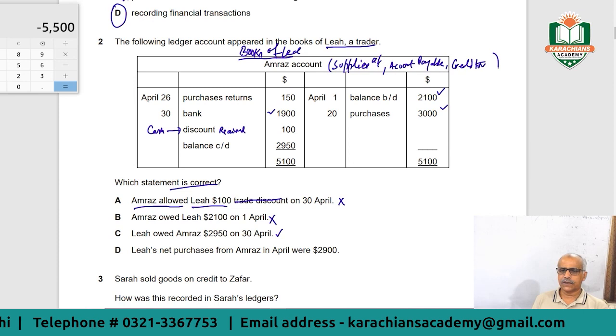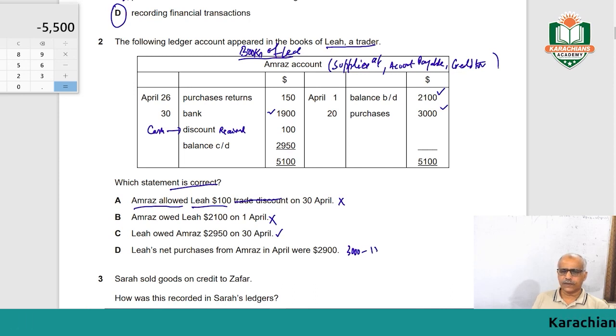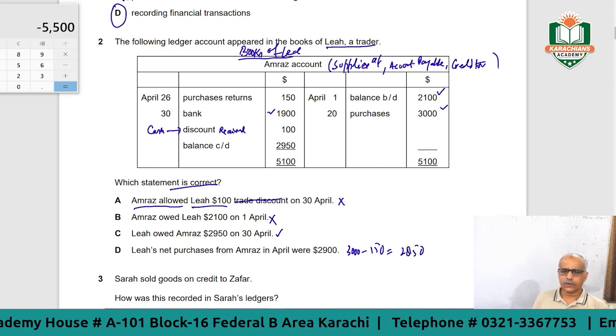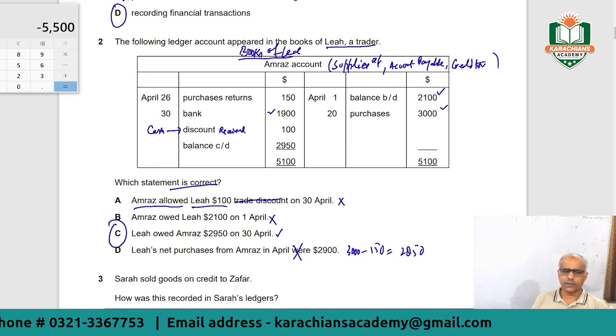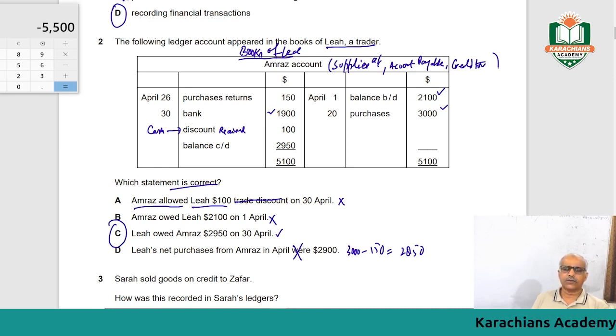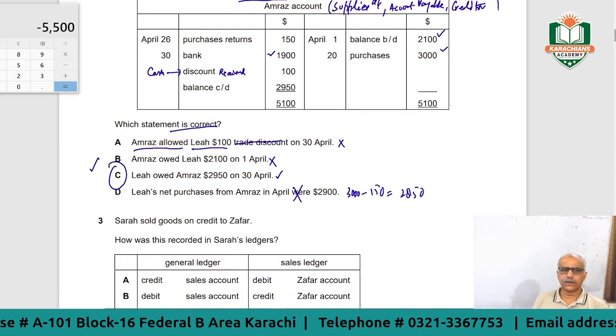Net purchases was 3000, right? And purchase return was 150, so net purchase was 2850. So this is wrong. So this C is correct, because Lee is liable to pay, he owes 2900 to Amre, right? So option C. So we are done with question 2.